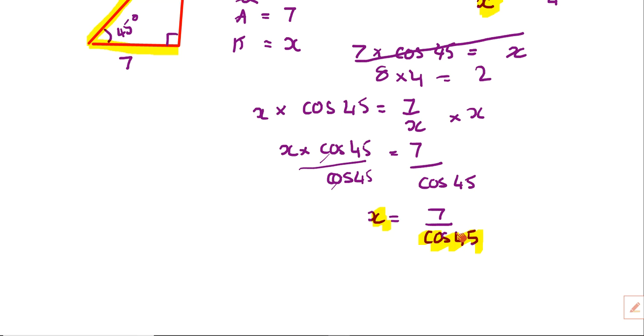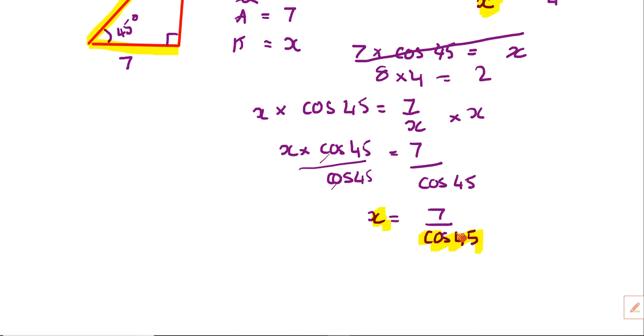If there's no angle, we're going to be using Pythagoras' theorem. So then, how can we find theta if there is no angle? Well, you won't be asked to.